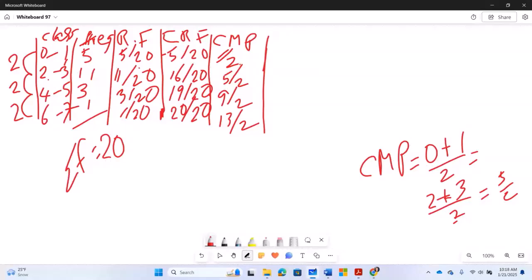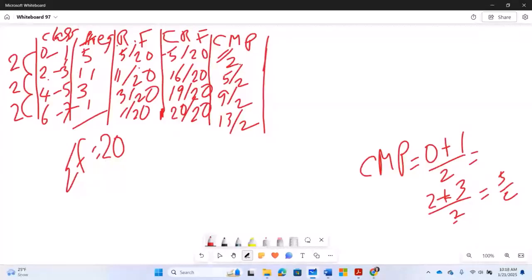Okay, when you're done, you create the relative frequency if you're told to. The relative frequency is the frequency of the class divided by the total frequency. You already know the frequency of the first class is 5 divided by the total frequency.